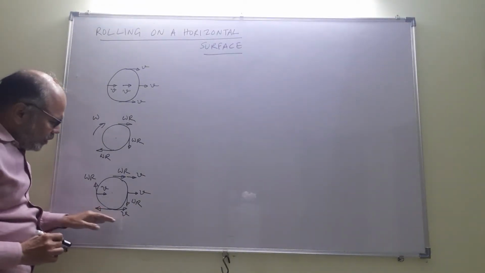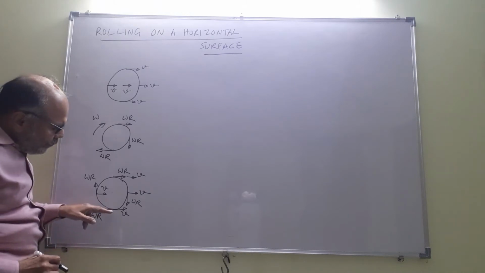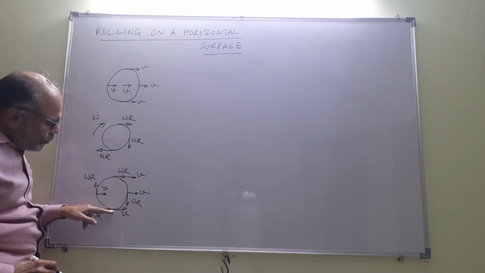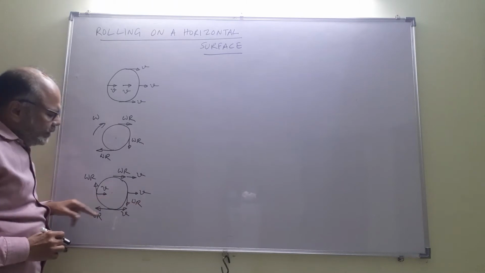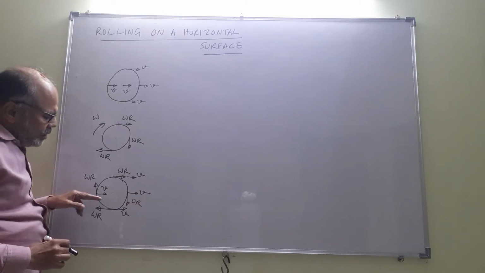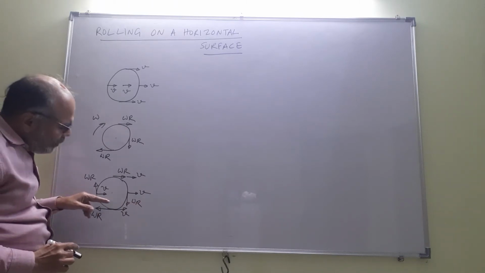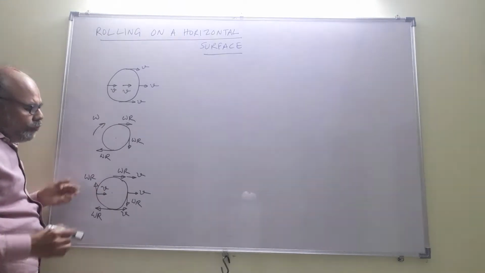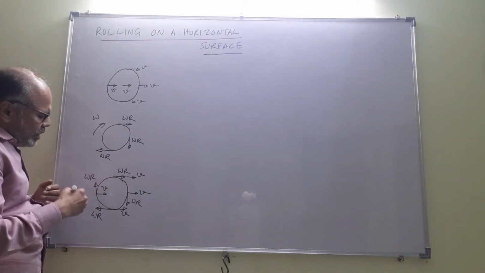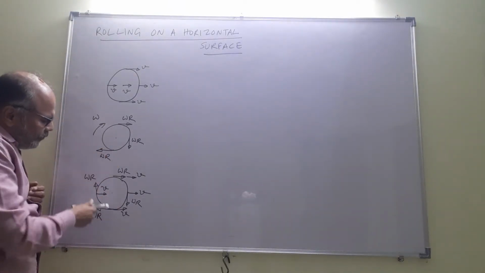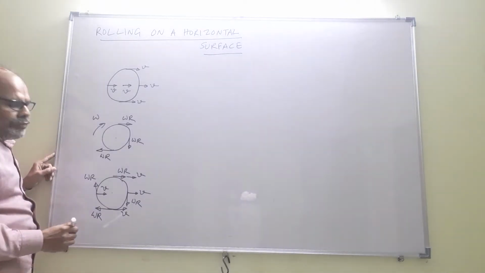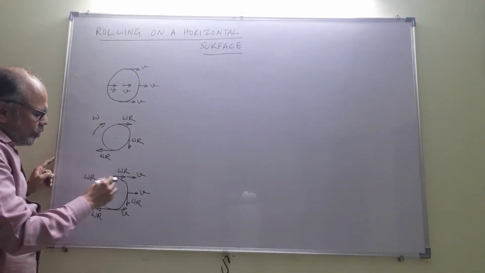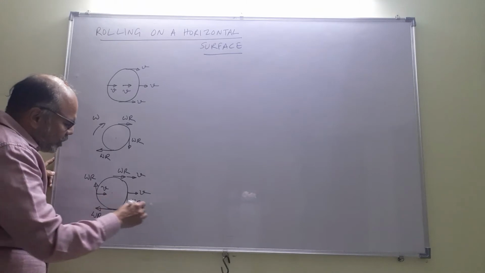If v is greater than omega r, the net velocity of the instantaneous point of contact would be towards the right. You would say that the point of contact is slipping towards the right. Now friction, to prevent slipping, will act towards the left. So this was a case of rolling with a forward slip.